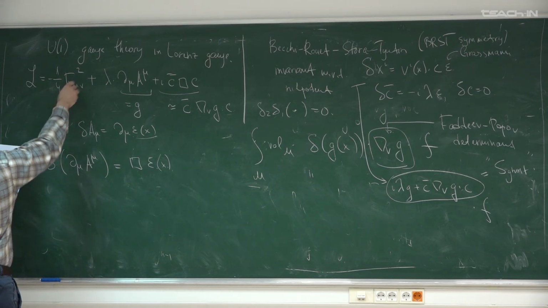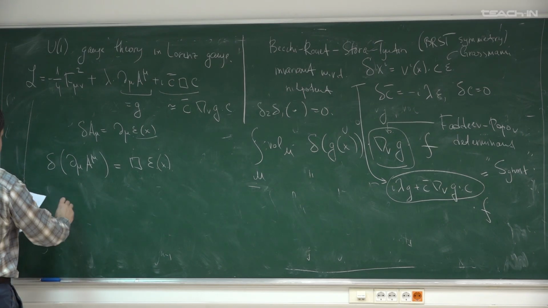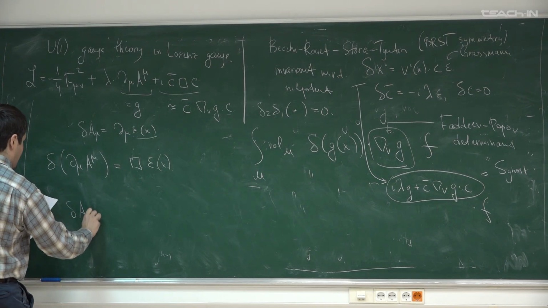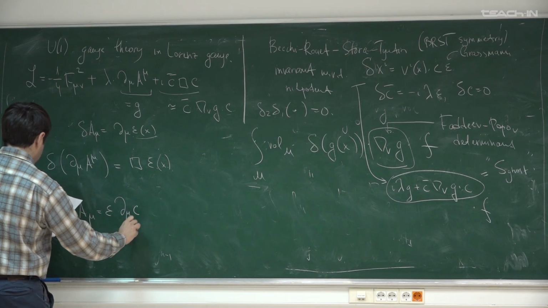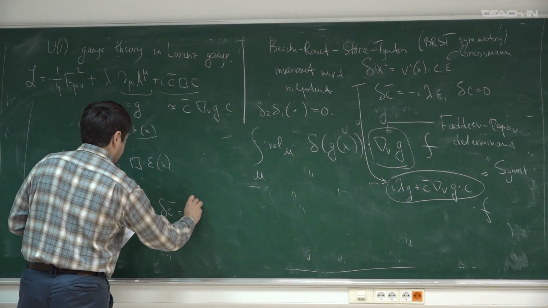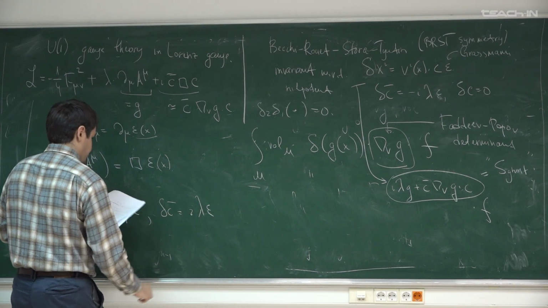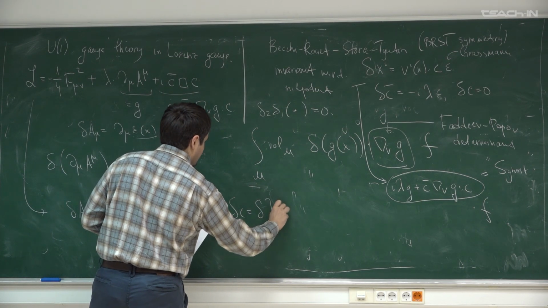And now this is invariant with respect to BRST transformations that have the form delta A mu equals epsilon d mu c, delta c bar is i lambda epsilon, delta c is 0, delta lambda is 0.